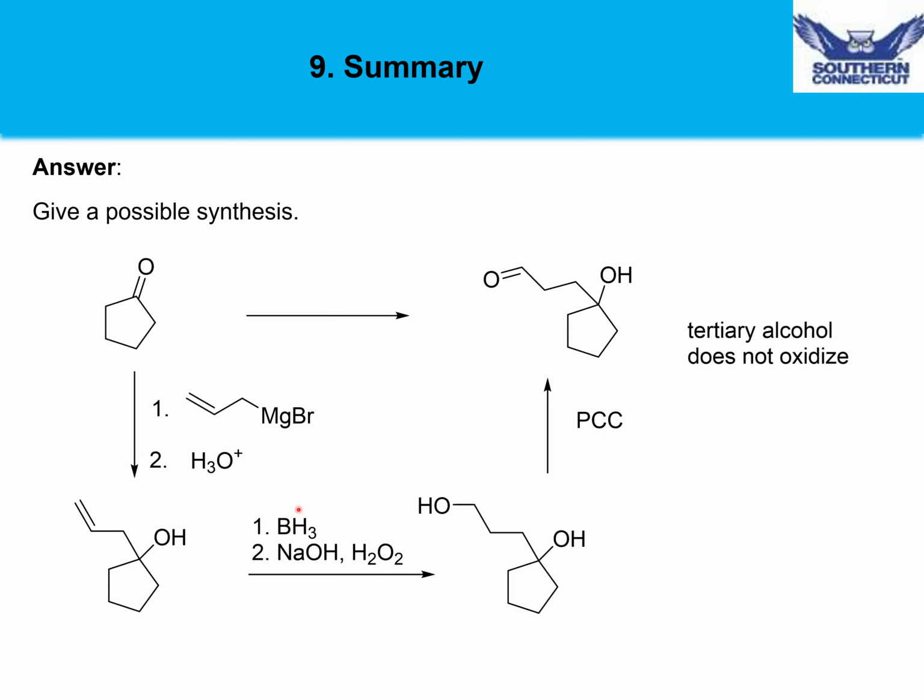If we do a hydroboration of that alkene, we should end up with the least substituted anti-Markovnikov alcohol, and then oxidation with PCC of this primary alcohol should convert it into an aldehyde.